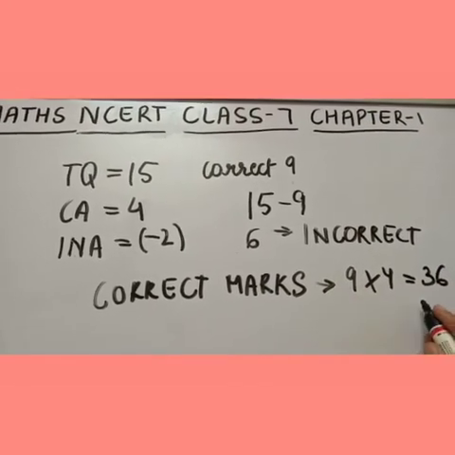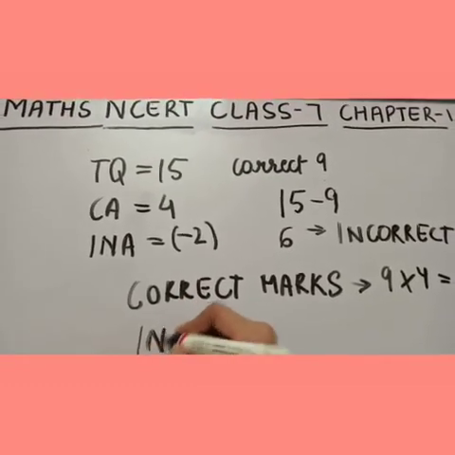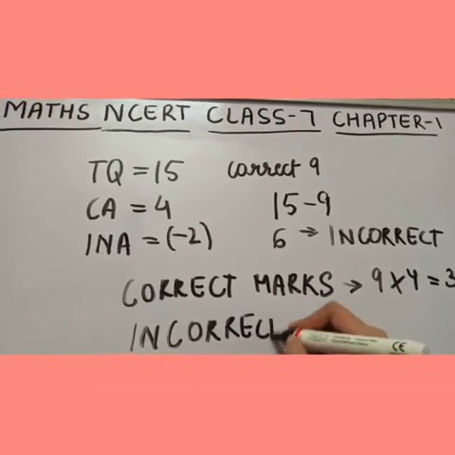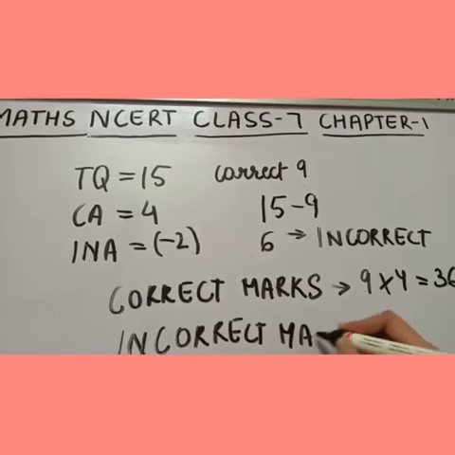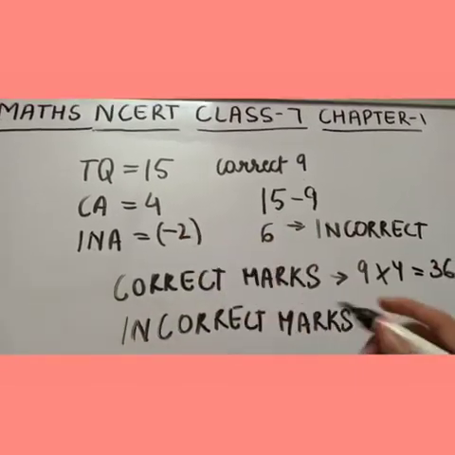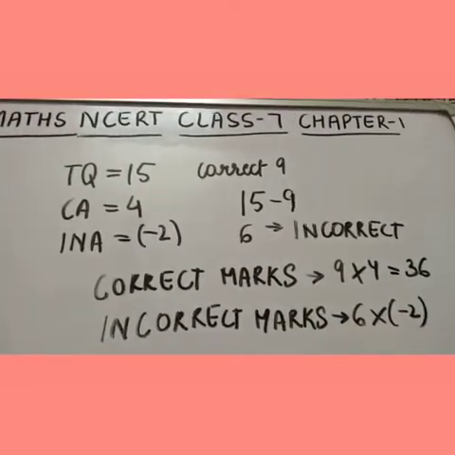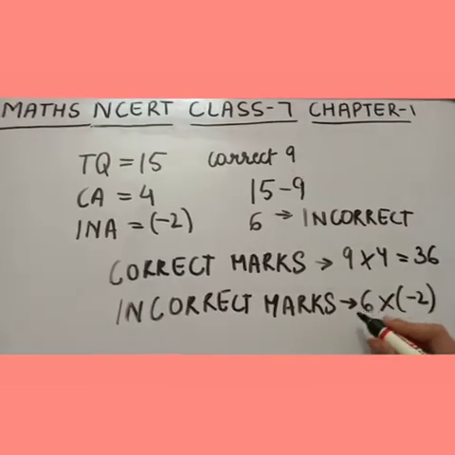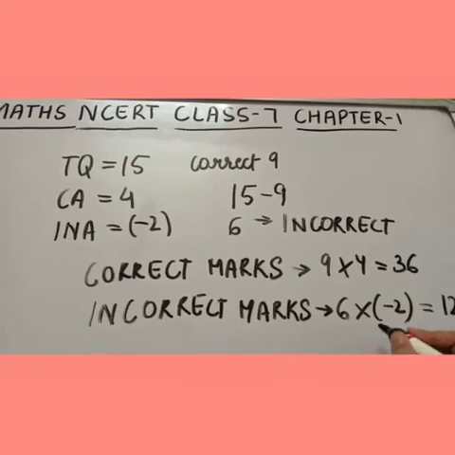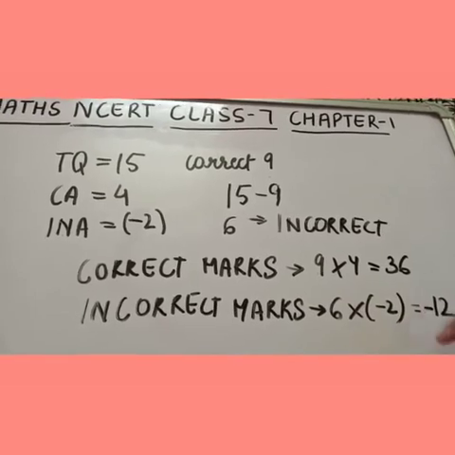So that means she got 36 marks for correct answers. After that, how will you find out how many marks she got for incorrect answers? By multiplying 6 with -2. First of all, ignore the signs and multiply. 6 by 2 is 12. And plus minus is minus, so you will get -12.